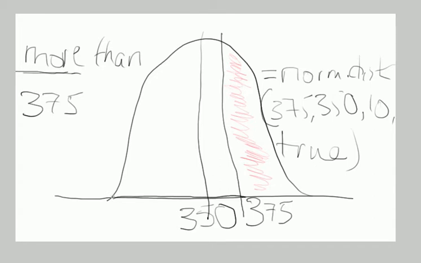That is going to give us the bit from the smallest value up to 375. But actually we want from 375 onwards. This is the part we want, the bit in red. So we need to calculate this number and then go 1 minus it, and that will give you the area from 375 to the top.